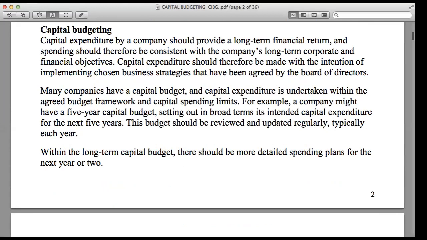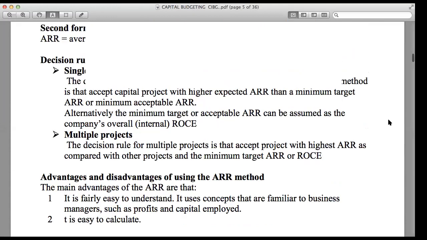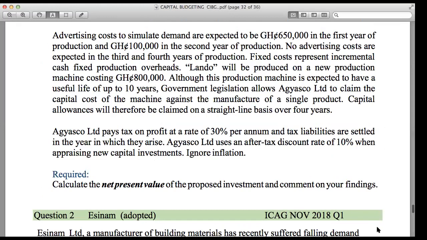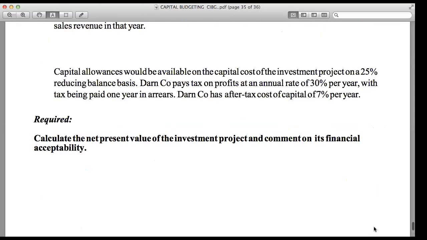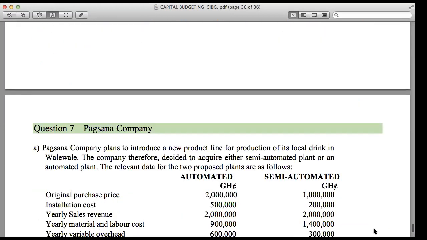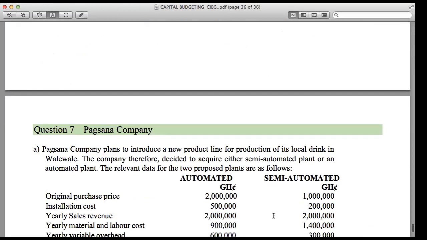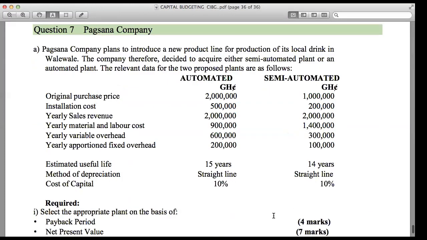So let's go there. That's the last page. So this is the question.